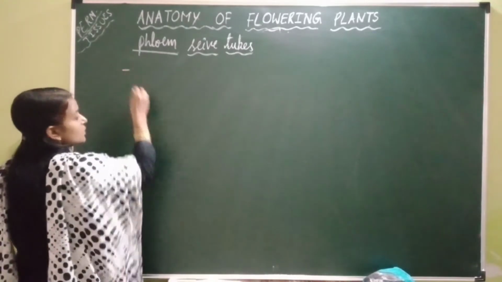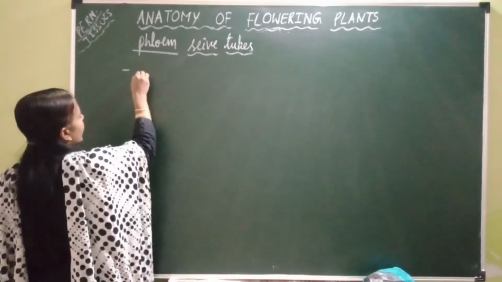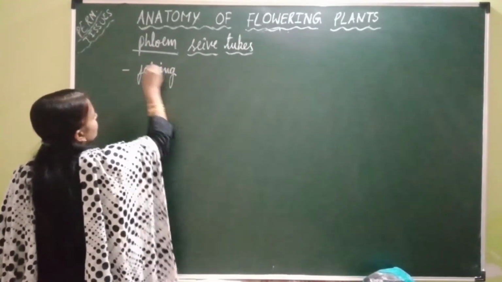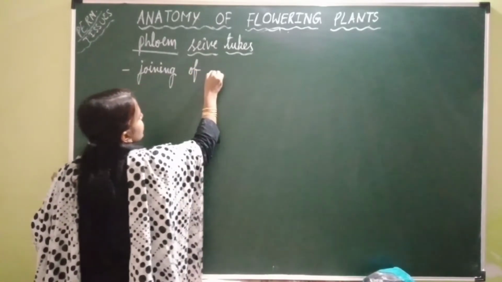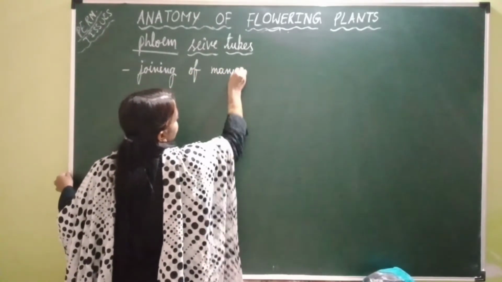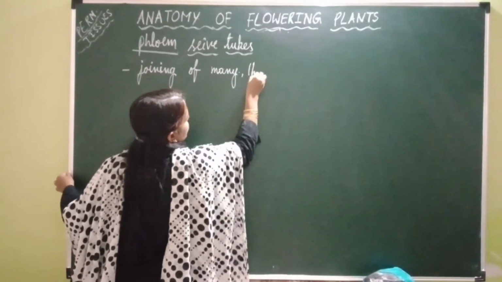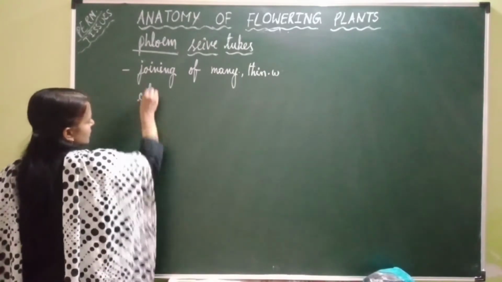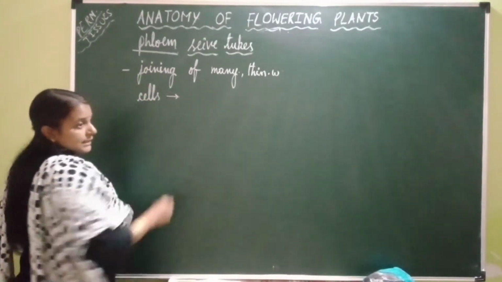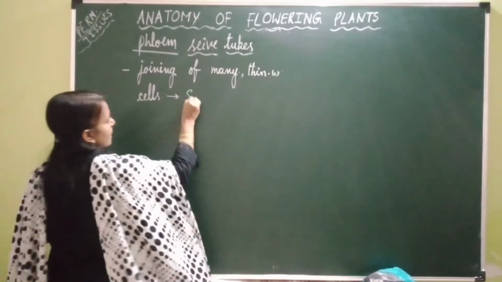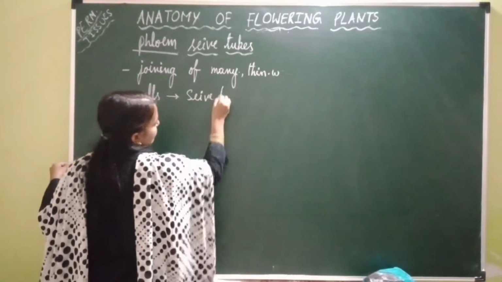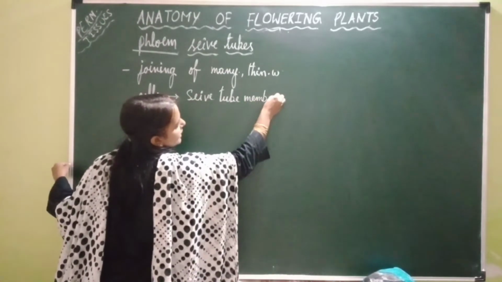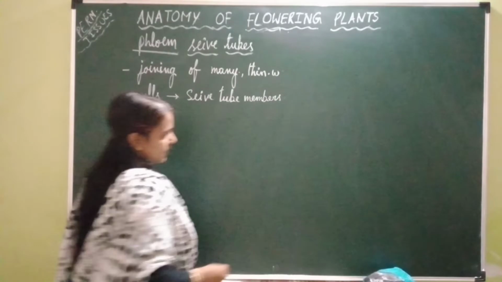So phloem sieve tubes are tube-like structures formed by the joining or union of many thin-walled cells called sieve tube members or sieve tube elements.